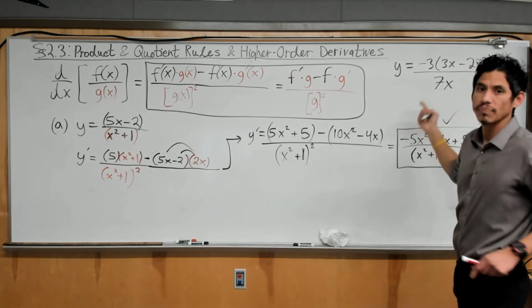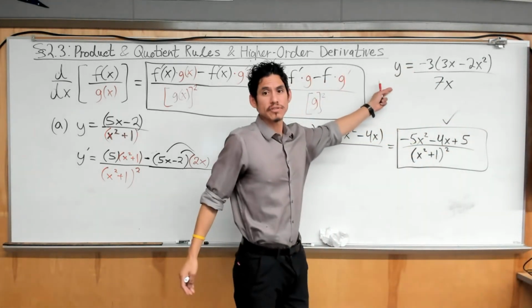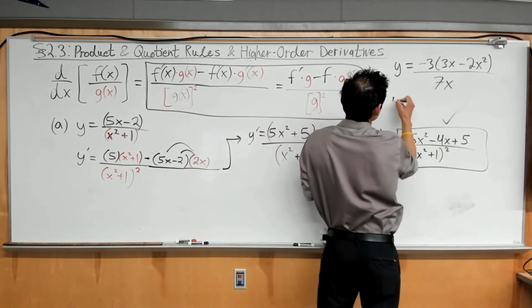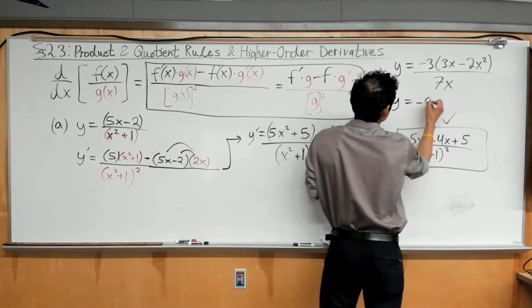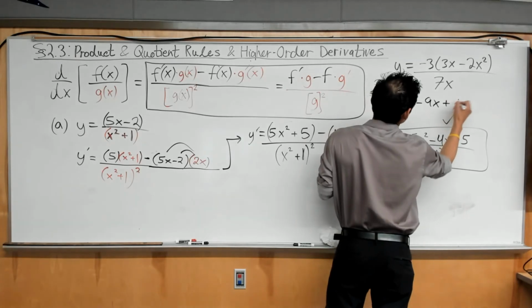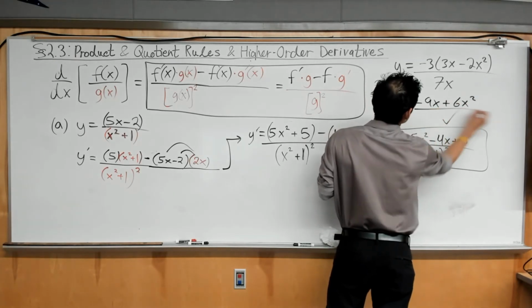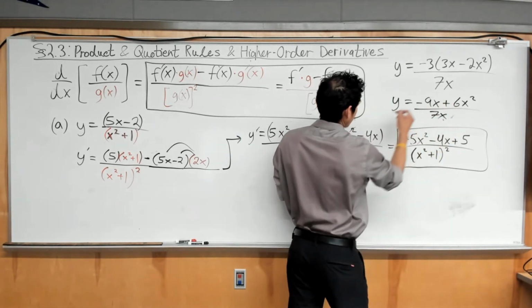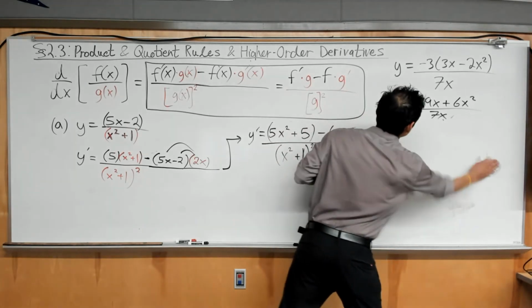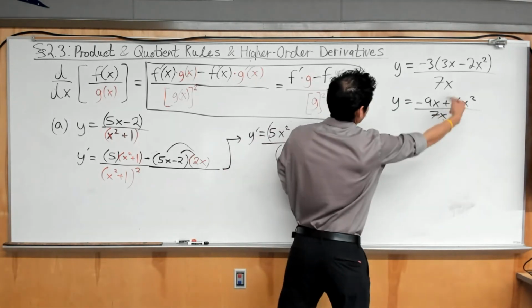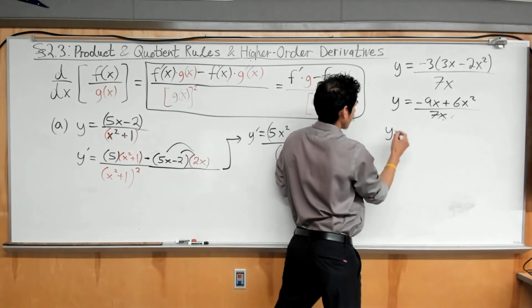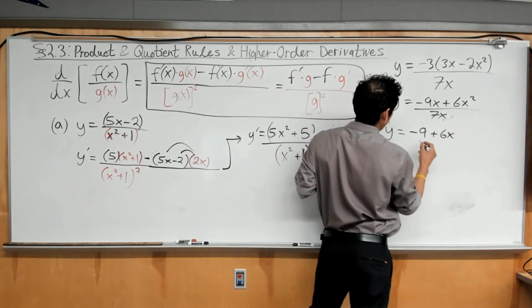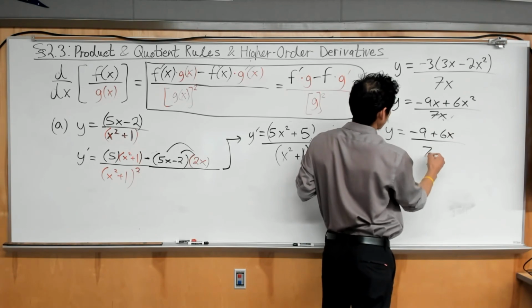If you got something like this, don't just straight up jump to the quotient rule, because if you work this out, you'll get that y is negative 9x plus 6x squared all over 7x. And then you can cancel out x from each term, and you'll get y is negative 9 plus 6x over 7.